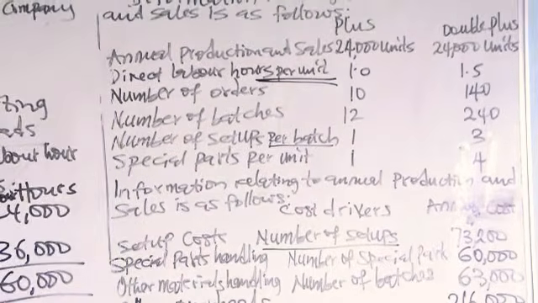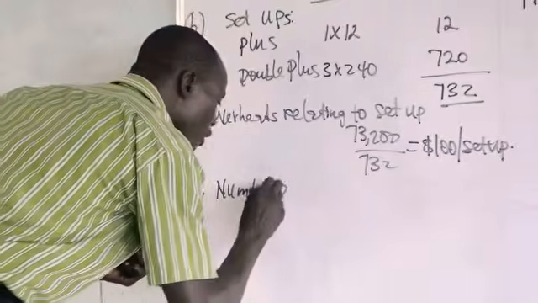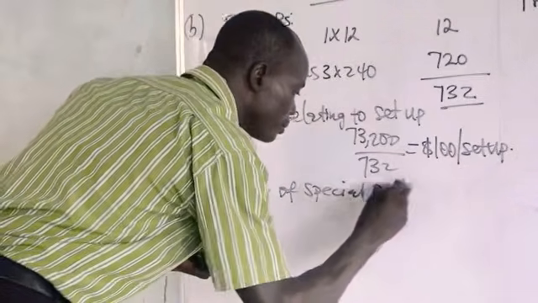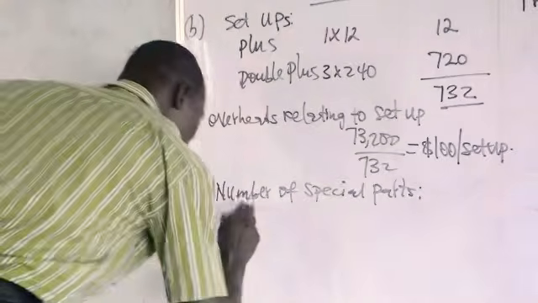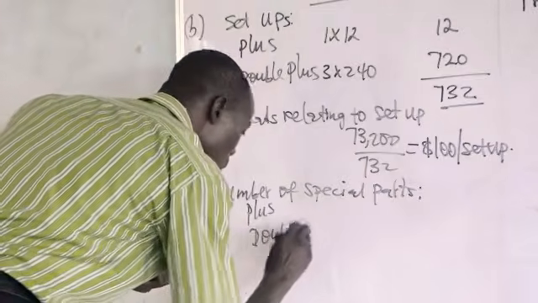So for number of special parts, you have for plus, and then you have for double plus.